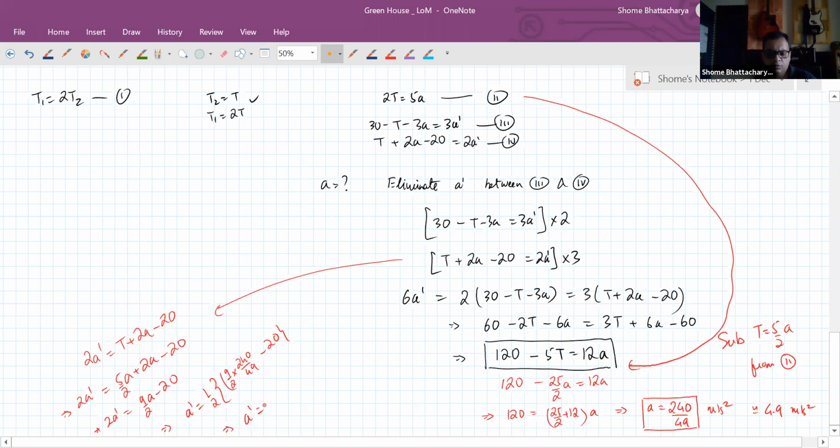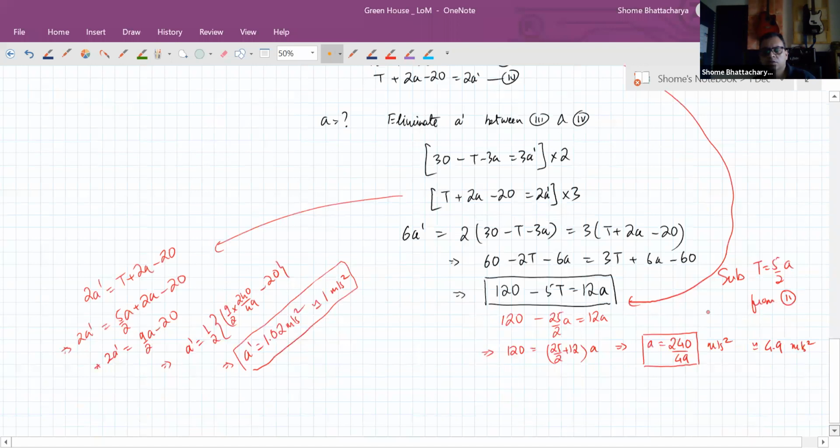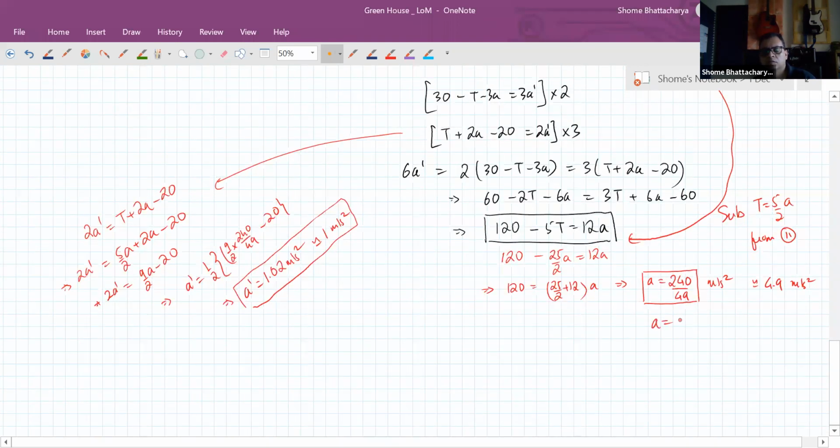So this will come nearly equal to 1, it will come as 1.02 something meters per second square. So this will come nearly equal to 1 meters per second square. So this is what our A prime will come out to be, and this is what our A was. Now from that we will find the acceleration of each of the blocks.